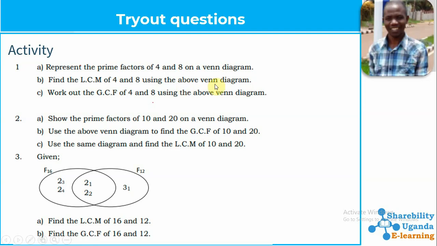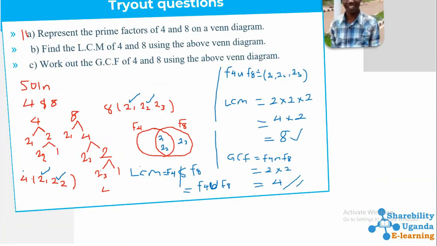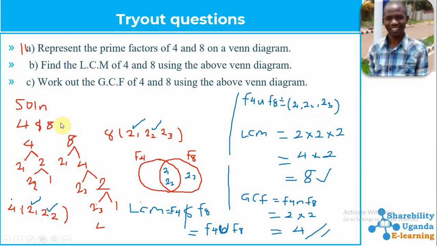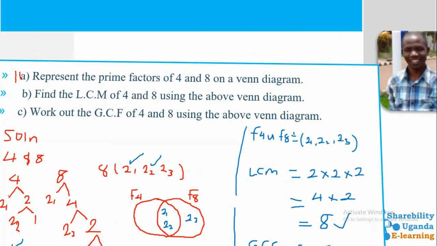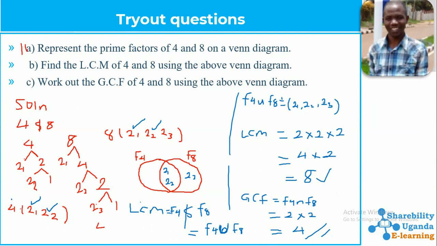We discussed this in our recent lesson, and we said that to answer such a question, first of all we need to list out the prime factors of 4 and 8, then present them on a Venn diagram. Please, if you never attended this lesson, first watch it so you can go with us at the same pace.